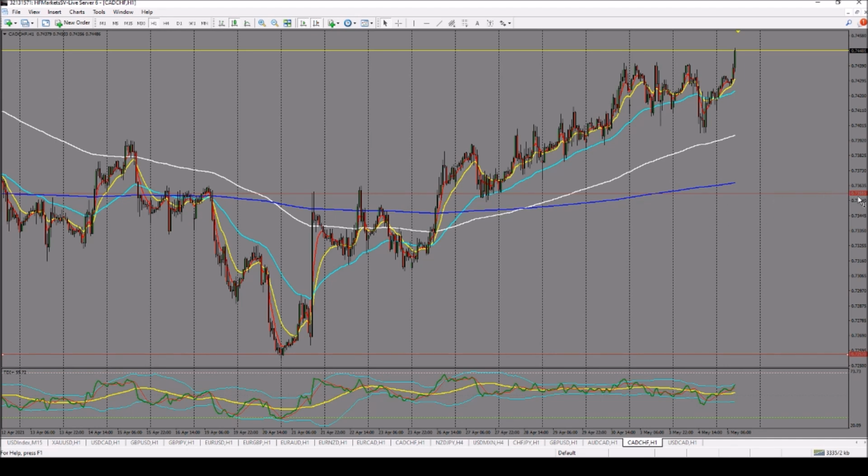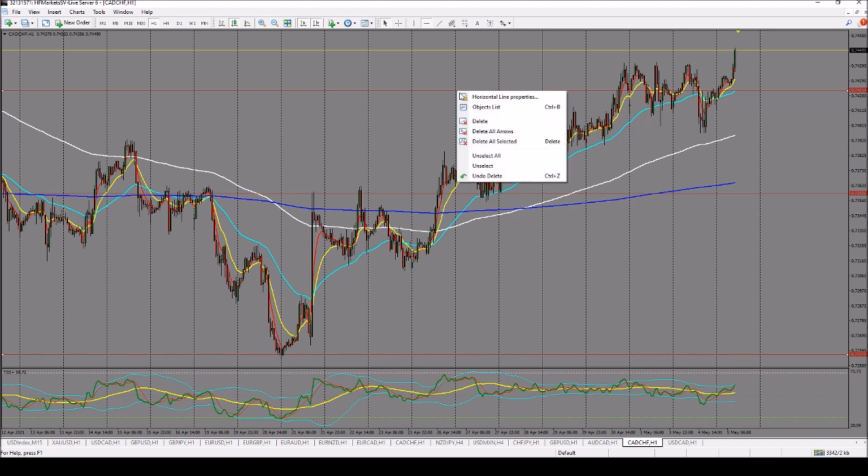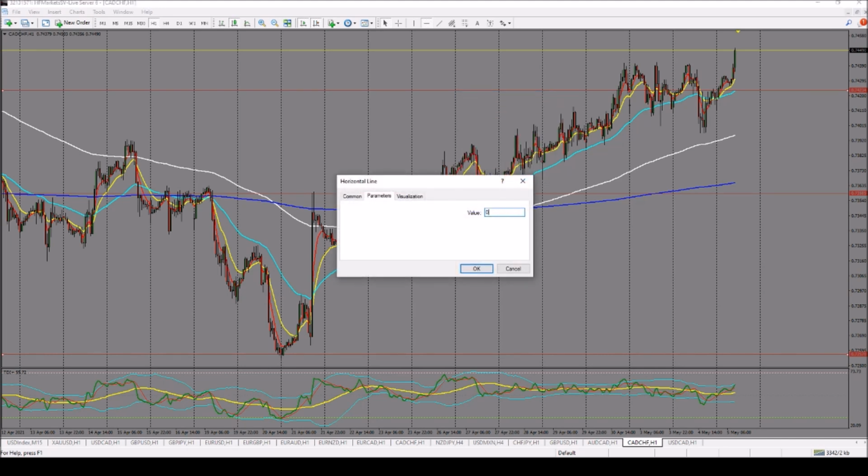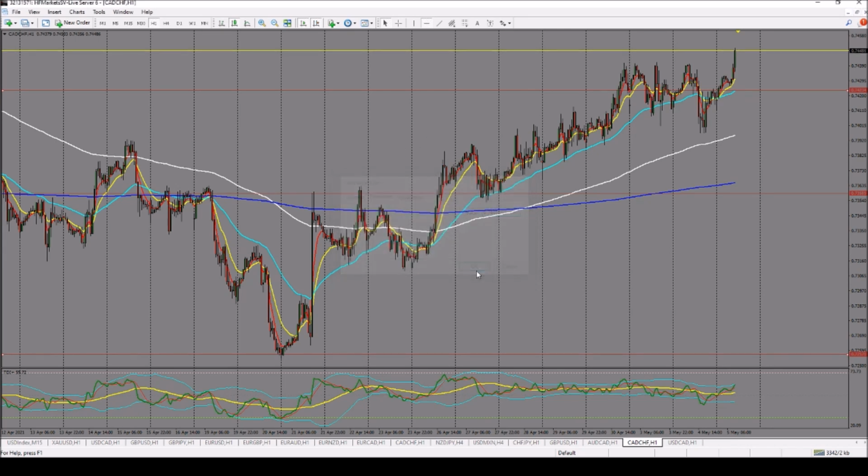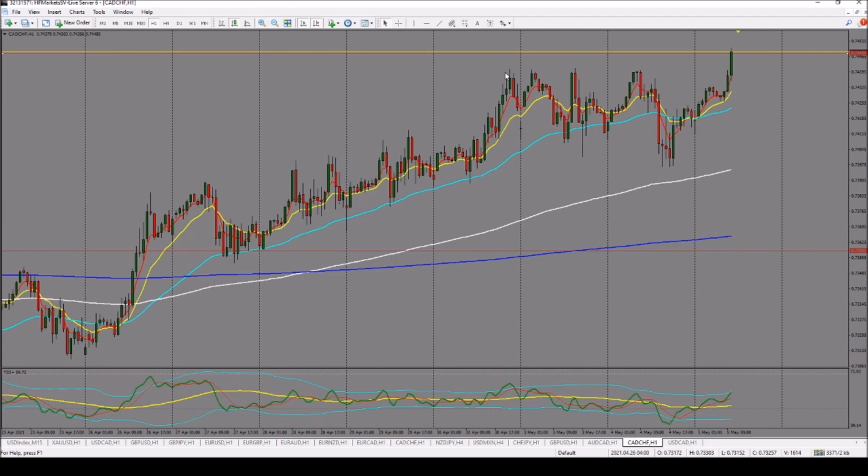So adding 90 pips to this price, we will get 0.7448, right? And as you can see, this is the level that we had, which was a region, and I saw a pattern within this region.